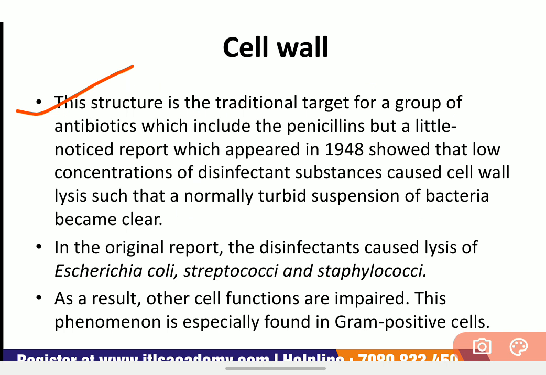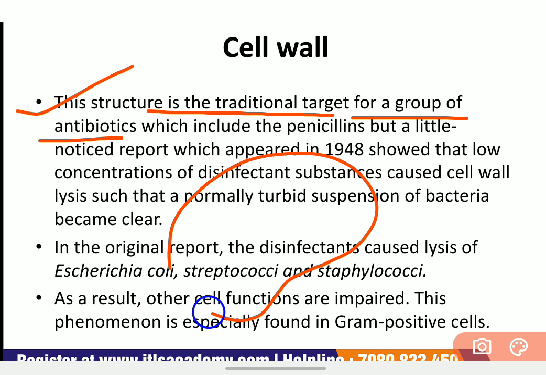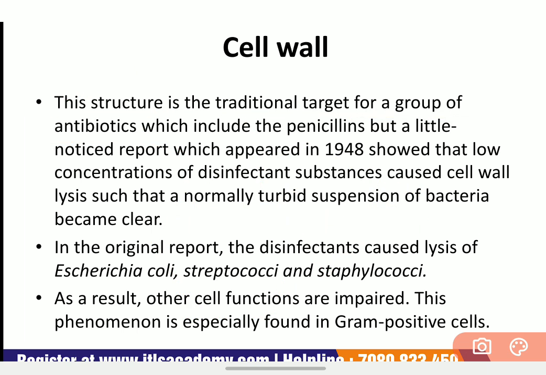This structure is the traditional target for a group of antibiotics. Some kinds of pores are present in the cell wall. Through those pores, gases and some materials are exchanged in and out of the cell. So, these are the target for a group of antibiotics.